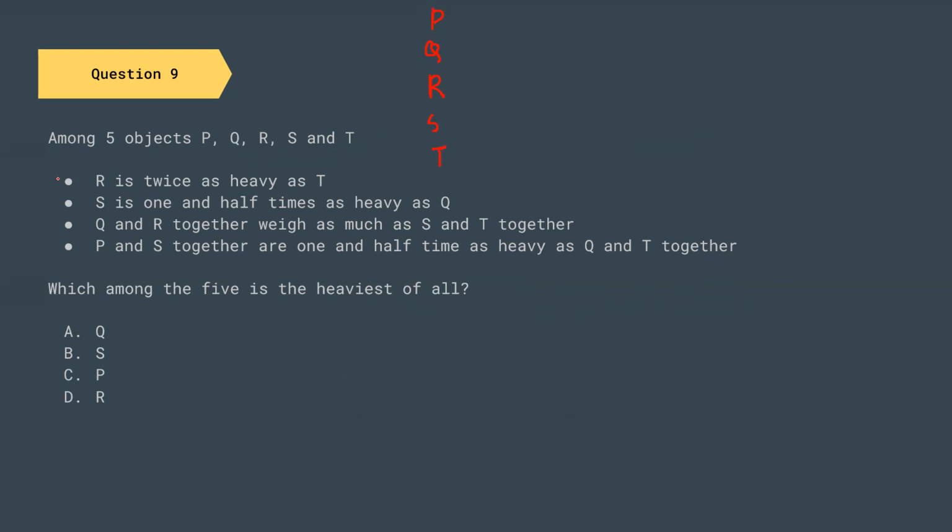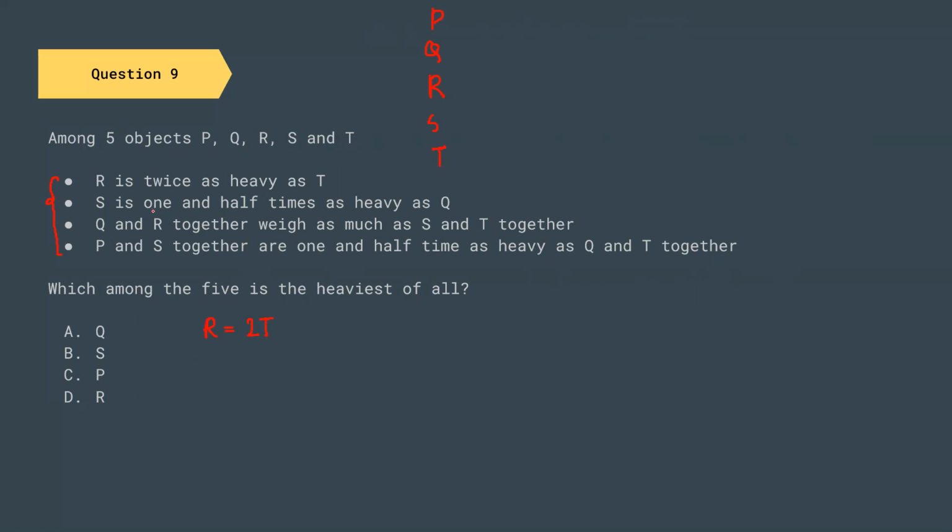And there is some information given, and using this information, you have to say which among the five is heaviest of all. So let us try to summarize all the information that we have. R is twice as heavy as T, so I can write R is equal to 2T.